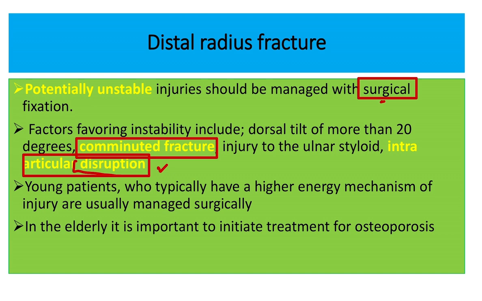In this condition there is no option to go for conservative management; we should go for surgery. In the elderly, it is important to initiate treatment for osteoporosis, especially in females, including the fracture management.